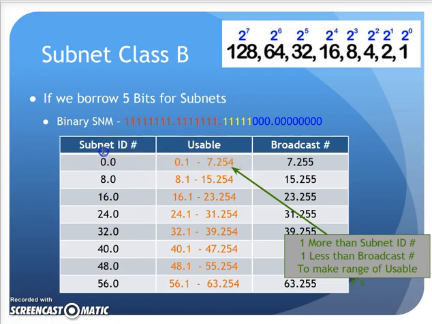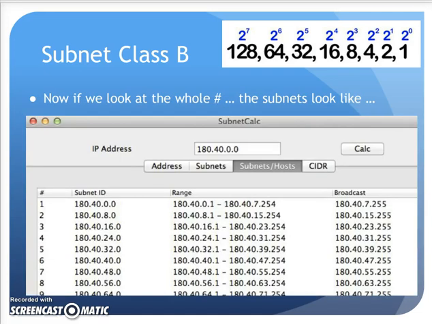And now I have my network numbers or subnet numbers here on the left, usables in the middle, broadcasts on the right. If I were to take this same problem, plug it into a subnet calculator, an app to do this for me, you'll notice we're going to get the exact same thing. 180.40.0.0, 180.40.8.0, 16.0, 24.0. We just focused in on these two octets right here.